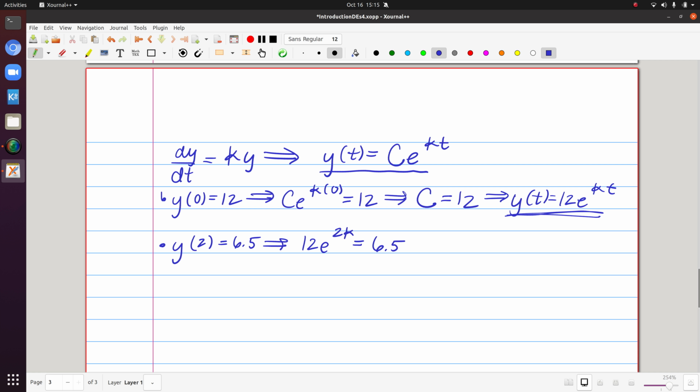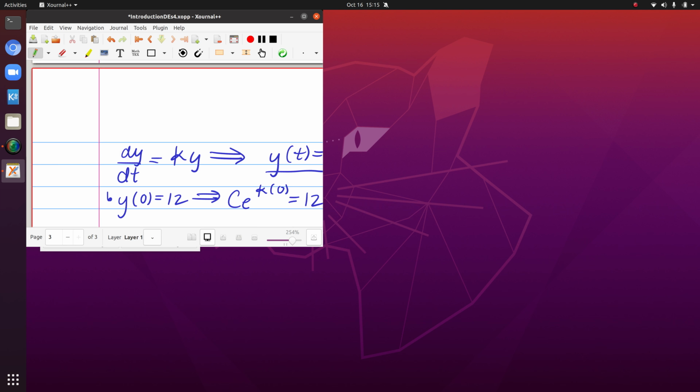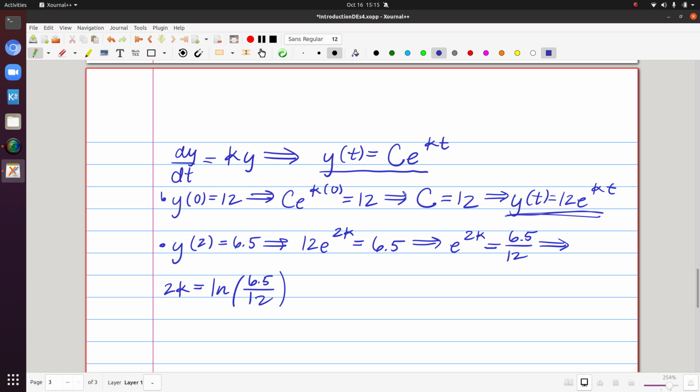And now we just need to solve for k. So I can divide both sides by 12 to get that e to the 2k equals 6.5 over 12. If I take the natural log of both sides, 2k is the natural log of 6.5 over 12. And then dividing by 2, we get our k value.